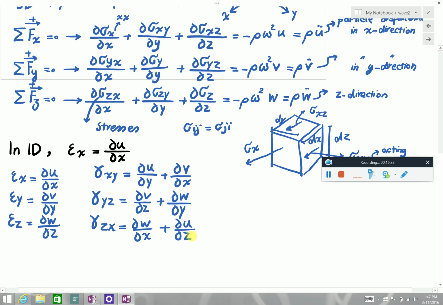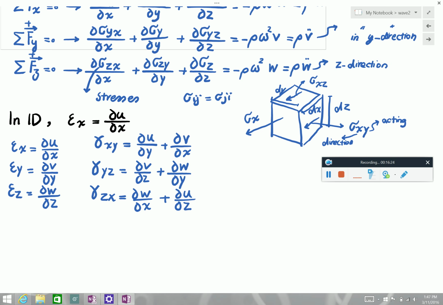We quickly discussed this in class in case you don't remember. Let's say you take one of the planes, let's say YZ, we can look at the symmetric definition of shear strain.